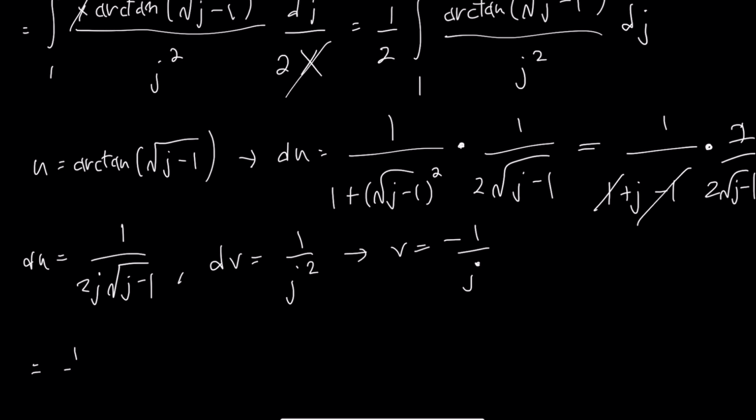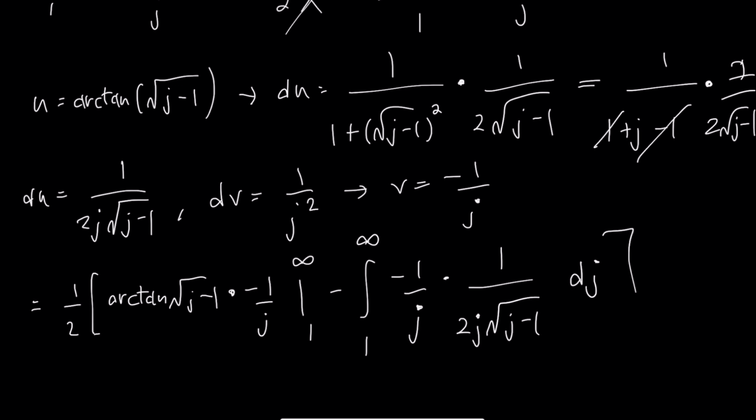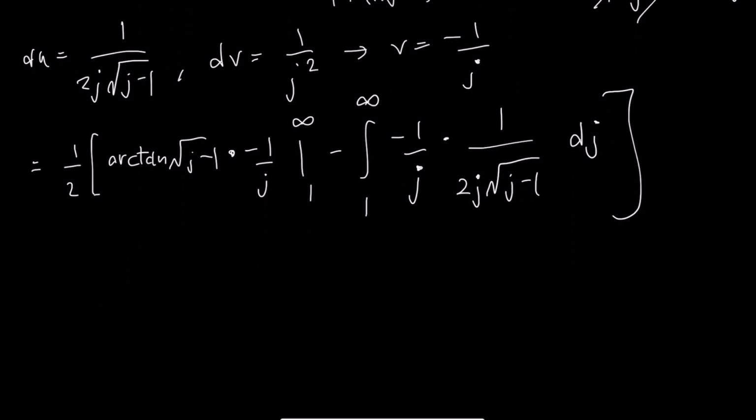So v equals the integral of 1 over j squared, which is negative 1 over j. So we'll have 1/2 arctangent of the square root of j minus 1 times negative 1 over j, evaluated from 1 to infinity, minus the integral from 1 to infinity of minus 1 over j times 1 over 2j times the square root of j minus 1 dj. And as j approaches infinity and j approaches 1, this limit tends towards 0.